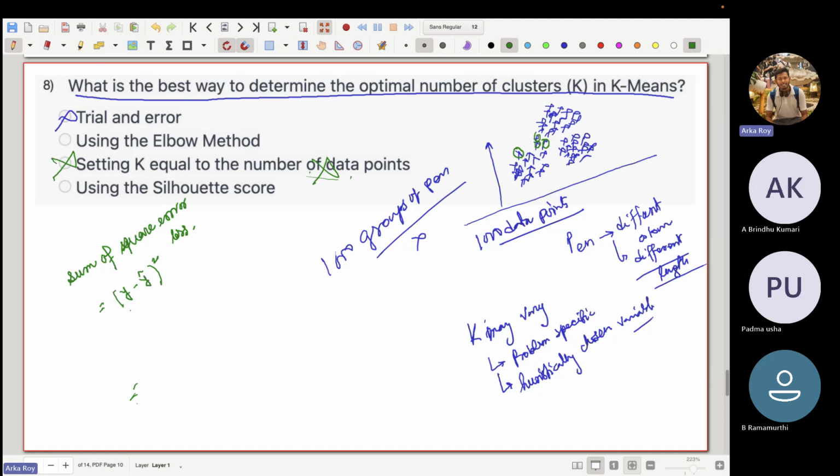So y is your target, your true output, and y hat is your target output from your k-means clustering. And this is the loss function. If you break this particular operation, it is (a minus b) whole square.